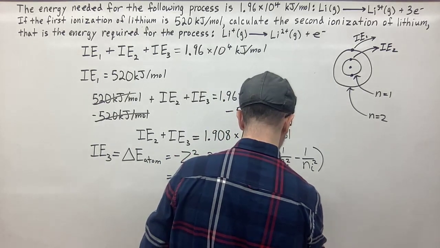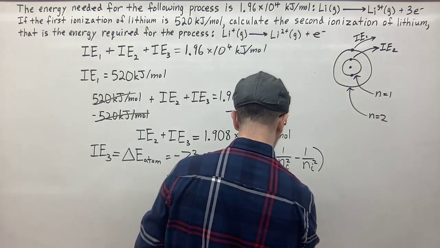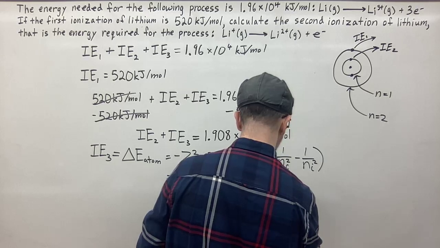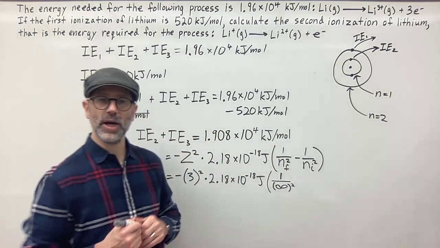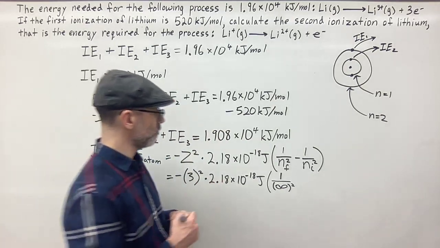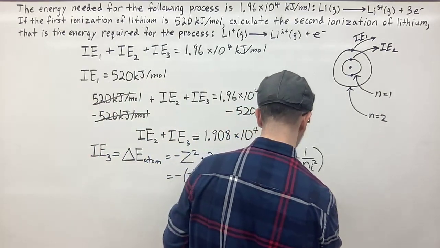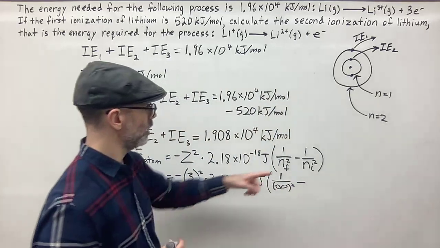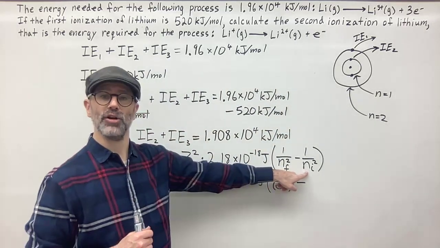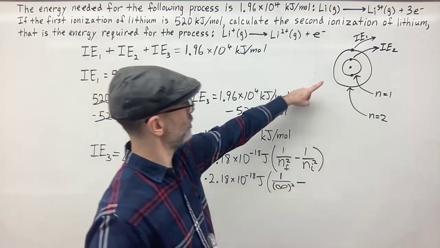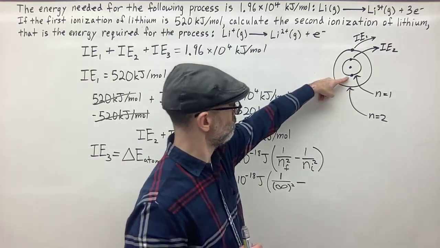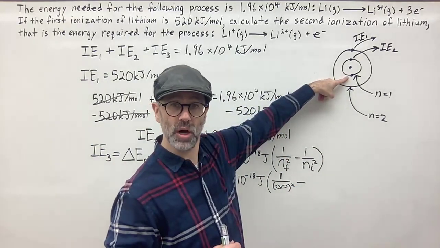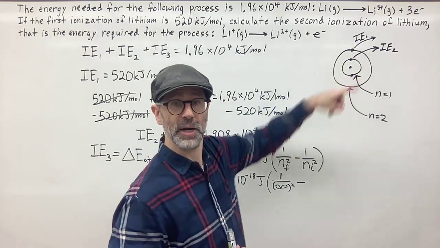So this is going to be 1 over infinite squared. And infinite squared is infinite. And then we're going to subtract that from our starting energy level. Well, the starting energy level for the last electron is going to be the n equals 1 energy level, right?